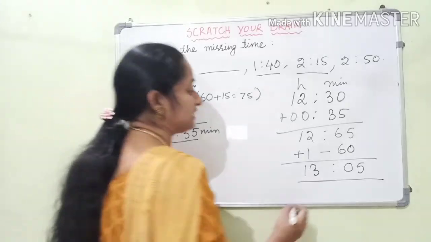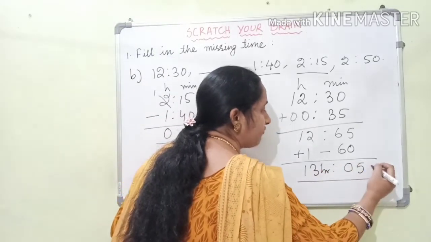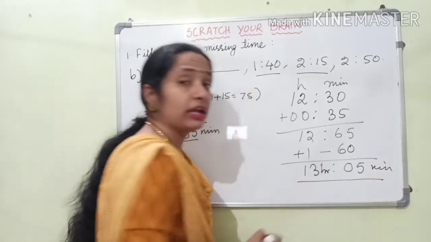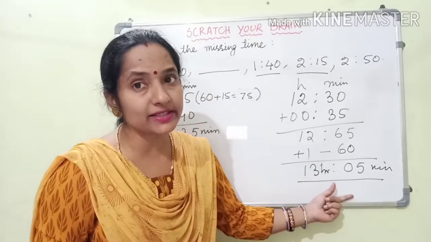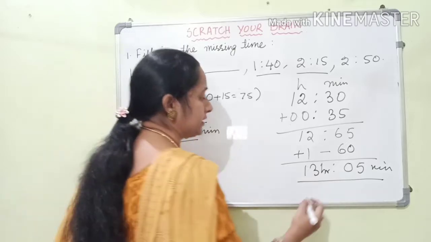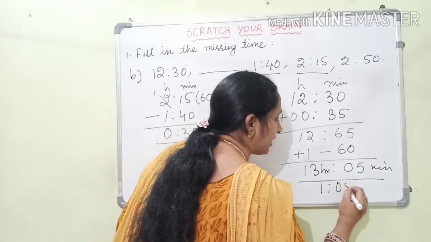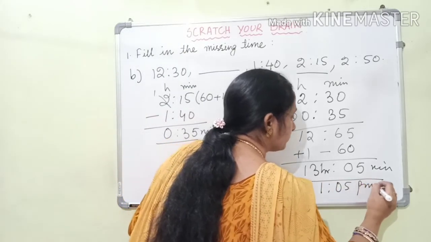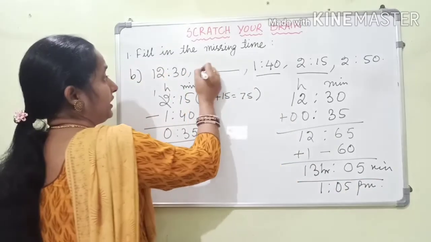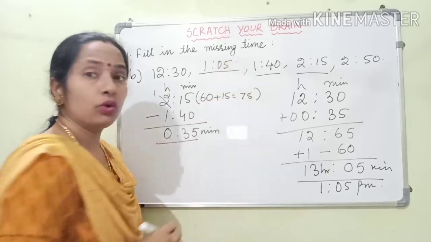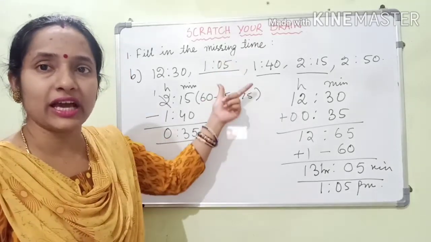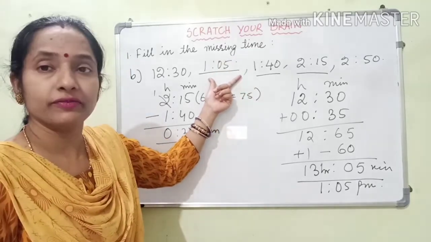This means it is 13 hours and 5 minutes. What is 13 hours 5 minutes equal to? It is equal to 1:05 p.m. Isn't it? So here we will write 1:05. So the missing time in this series is 1:05.